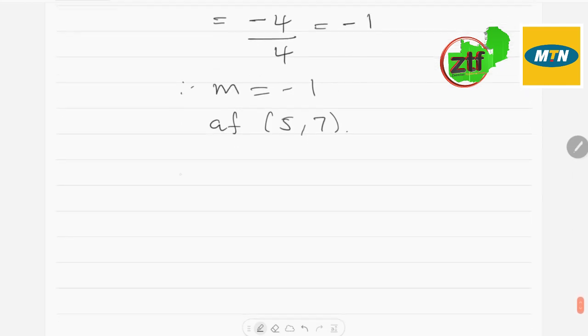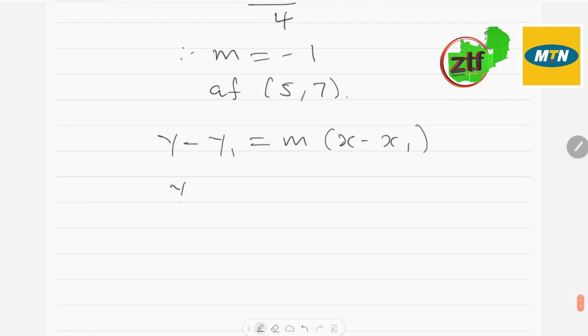So we use the equation y minus y1 equals m times (x minus x1). Then we'll have y minus y1, where there is y1 I'll put positive 7, equals our gradient, negative 1, times (x minus the value of x1, which is 5).